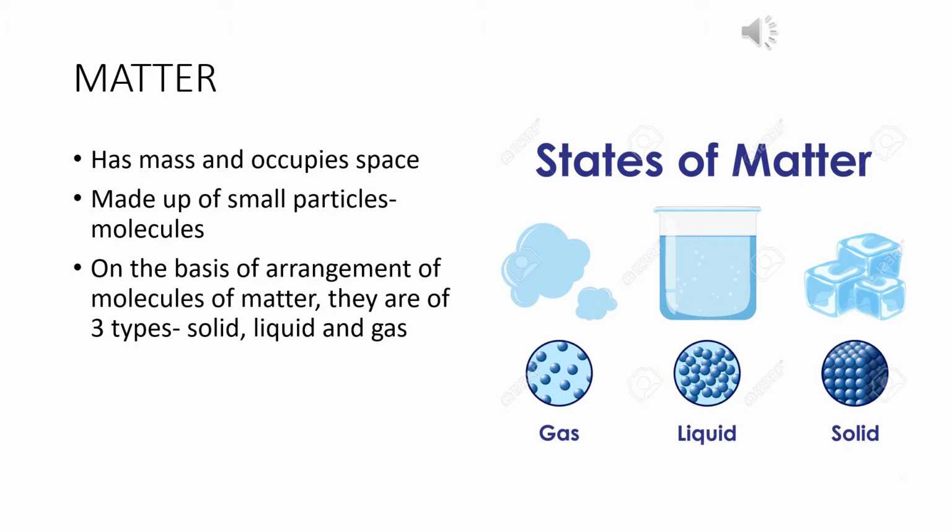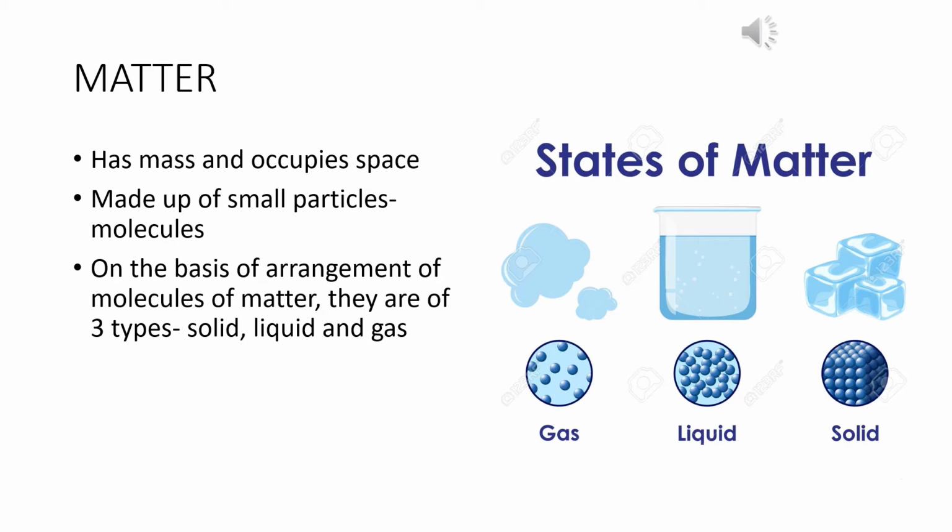Matter is made up of small particles which are called molecules. As we can see in the picture, in gases the molecules are very far from each other. In liquids they are a little bit closer, and in solids they are totally packed together. On the basis of this arrangement of molecules, matter is of three types.